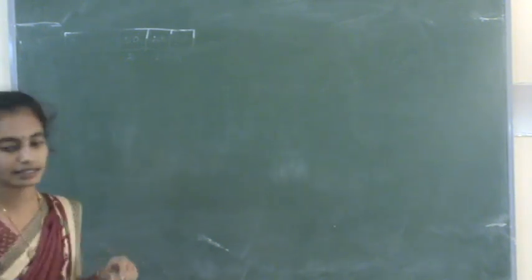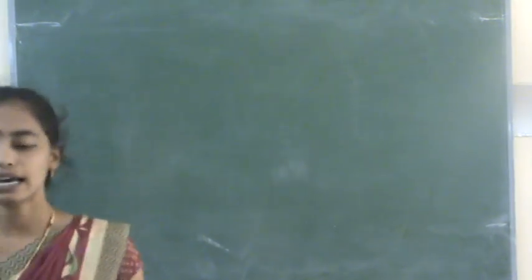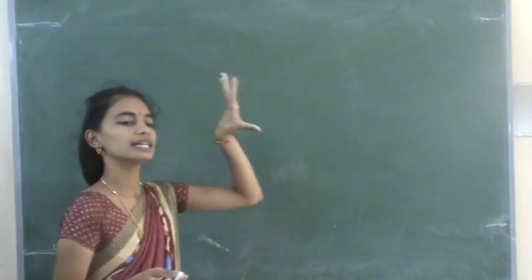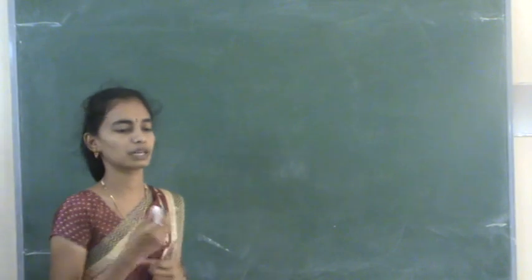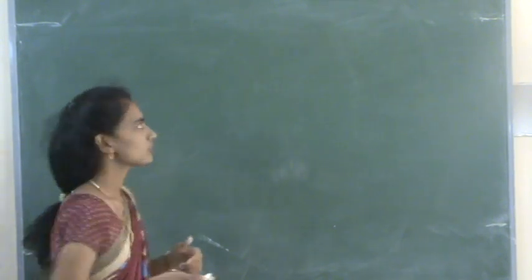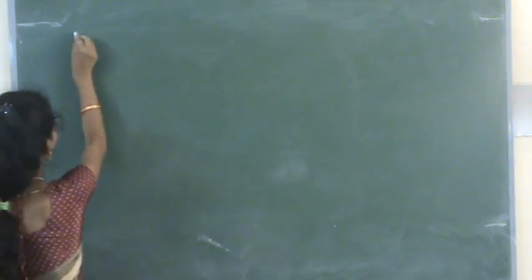So now we will study the binary search method. So binary search means it will work only when the array is in sorted order. Okay, so if the array is in sorted order, then this method is preferable for doing the searching. So suppose consider one array.